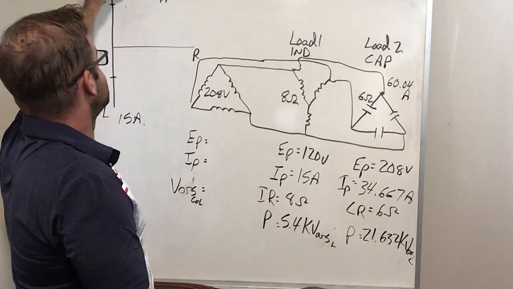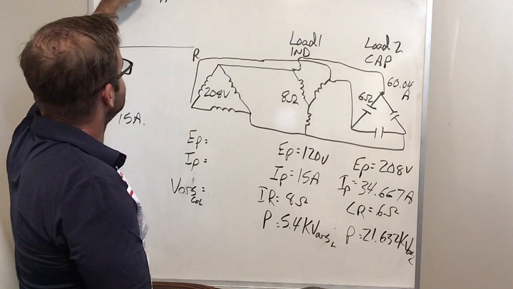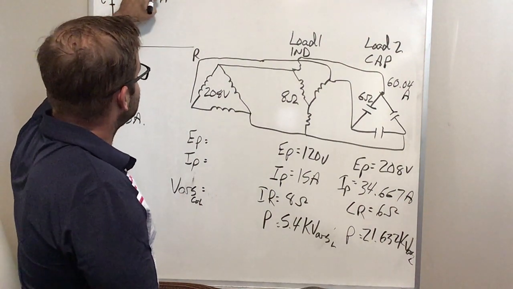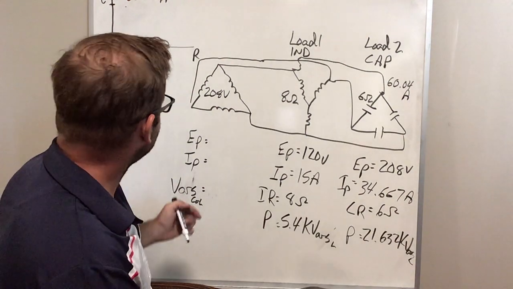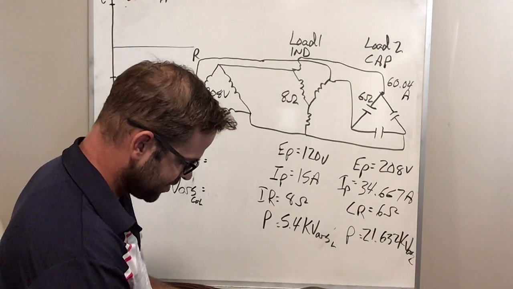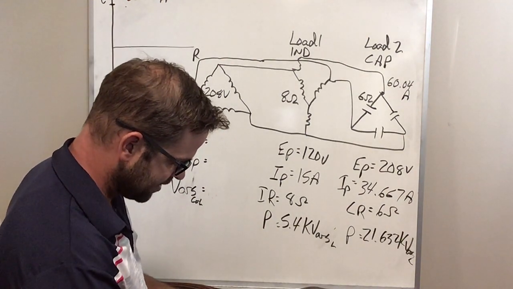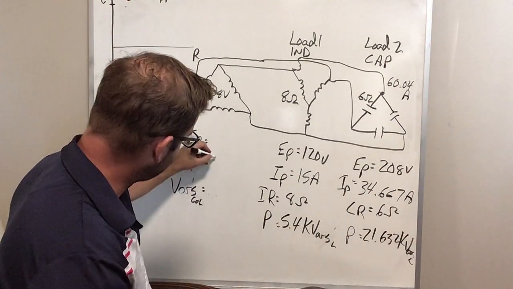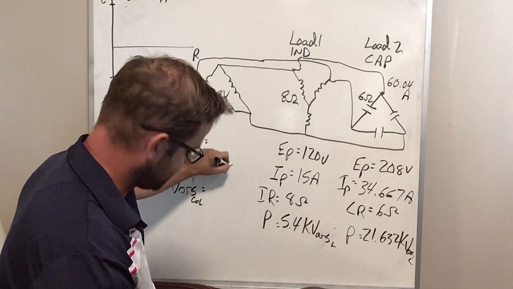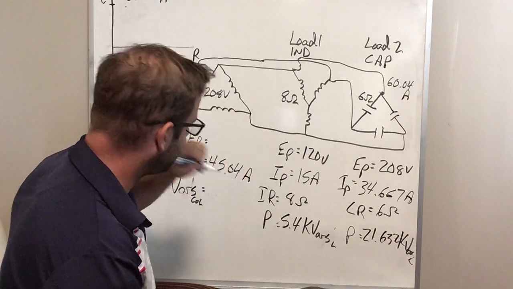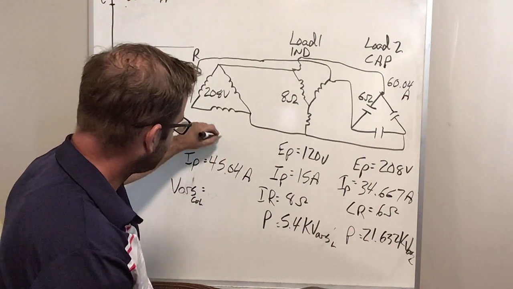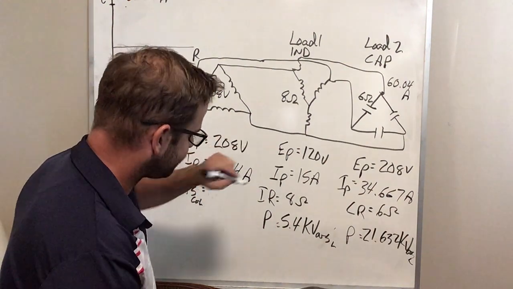So this one just has to change to 60.04. Hopefully you don't chastise me too much for making that mistake. So we have 60.04 and 15 amps, so 60.04 subtract 15, so we get a total of 45.04 amps seen at our load, and this was 208 volts.